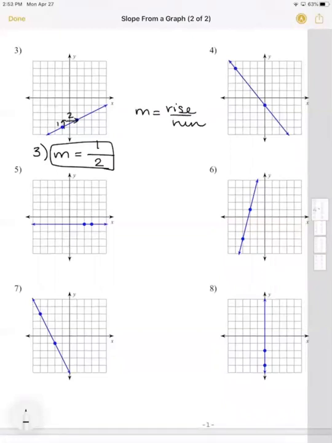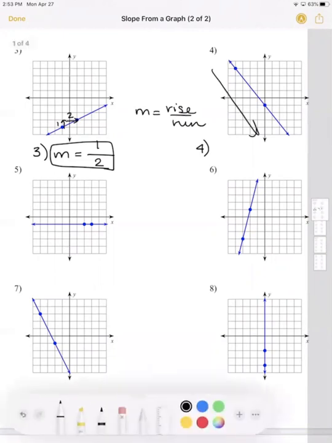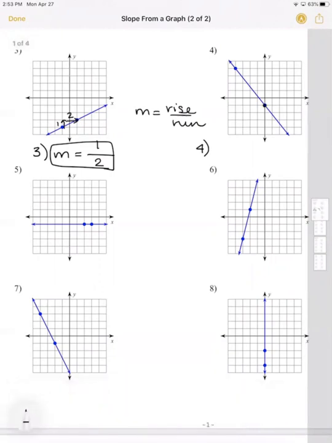Let's go over to number 4. This is a line that is falling from left to right, so this should have a negative slope. Let's make sure we get that. I'm going to start on the bottom point and rise up until I get in line with the second higher point, and then I'm going to run to the left to get there.